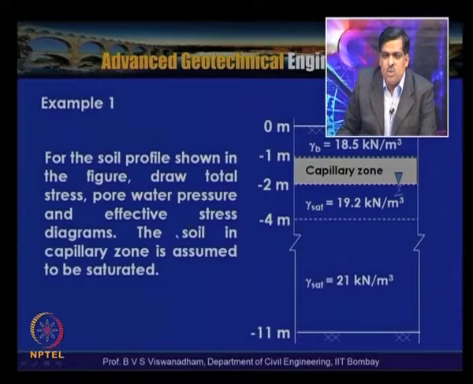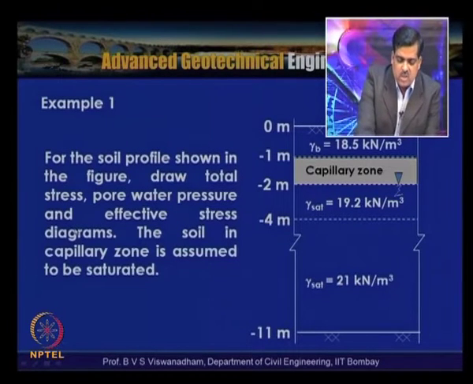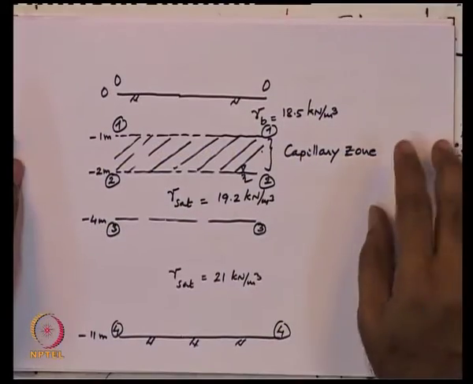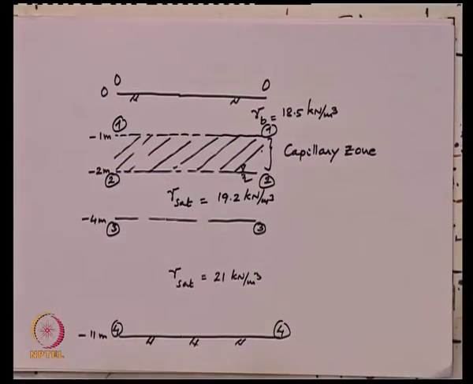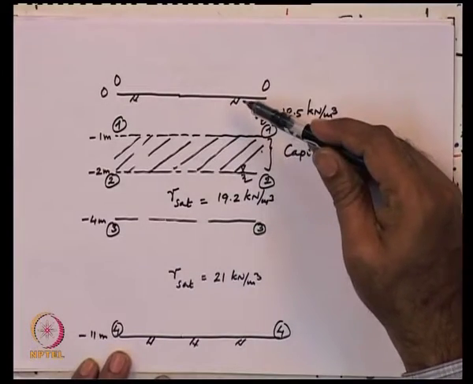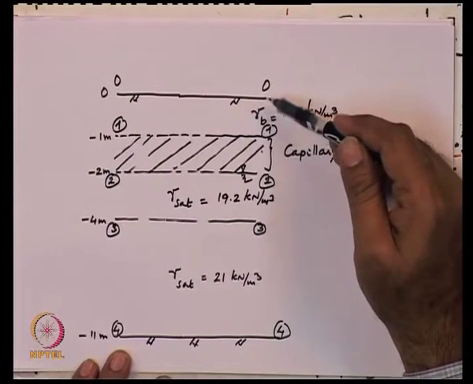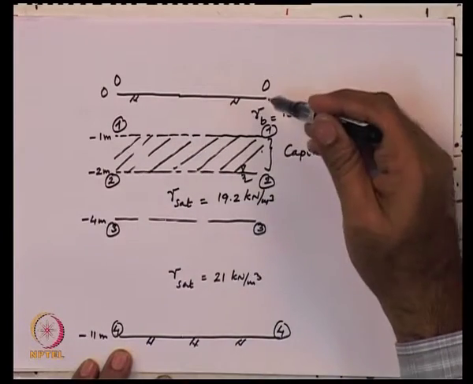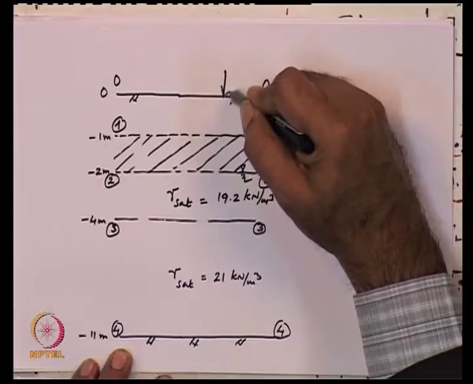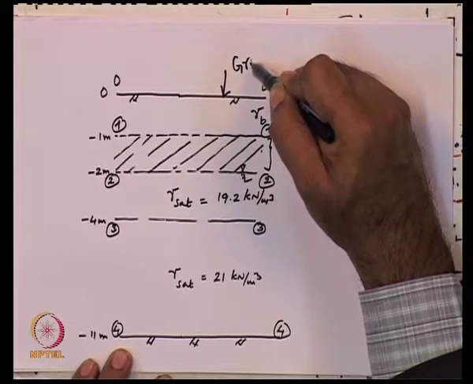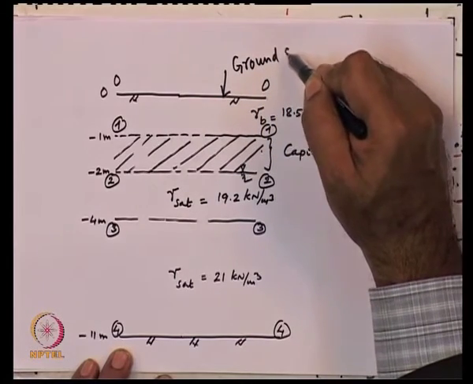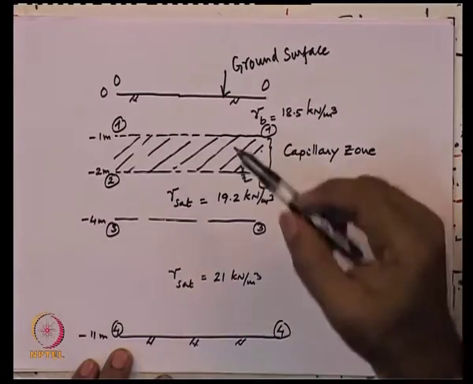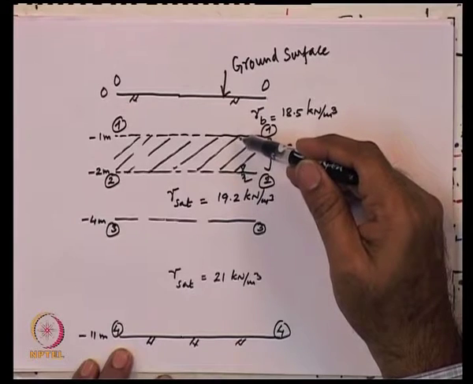So the solution for this can be worked out like this. If you look at this figure, we have transformed the given figure, with 0 meters as the elevation, which is the ground surface, and this is -1 meter.